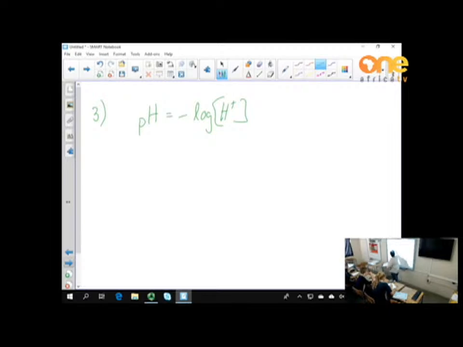They've given us the hydrogen ion concentration, so minus the log of 2.75 times 10 to the power minus 4 gives you 3.56. But this is the pH. The question asks, what is the pOH?